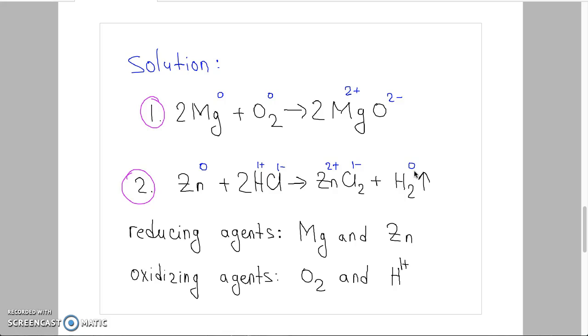It means that hydrogen has taken 1 electron, it needed 1 electron. And remember that if an element takes electrons, it has been reduced. That's why the answers are: reducing agents are magnesium and zinc, oxidizing agents are oxygen and hydrogen.